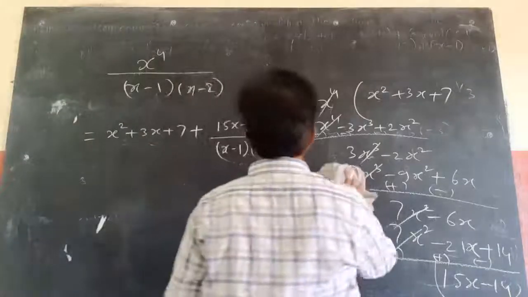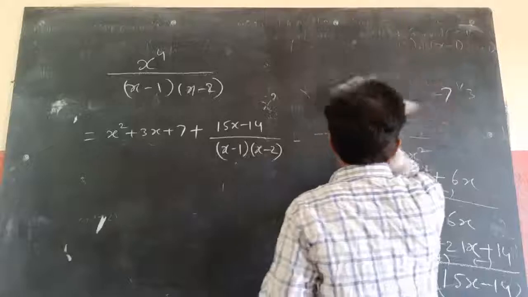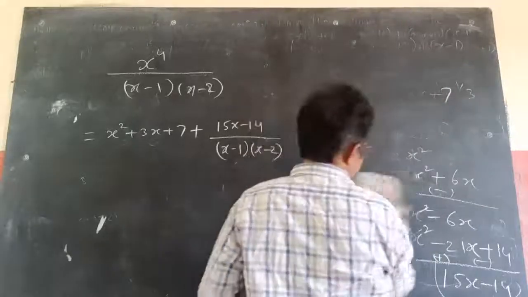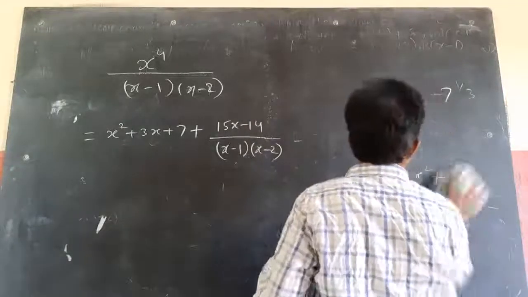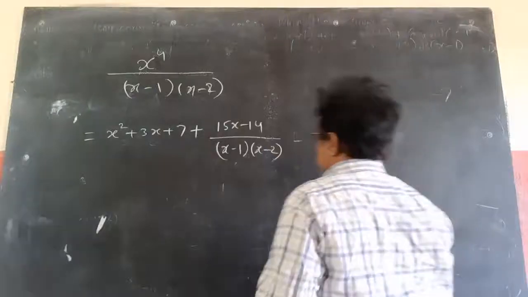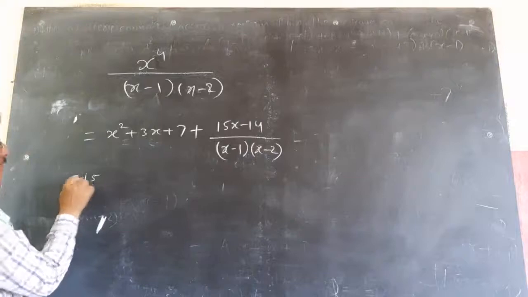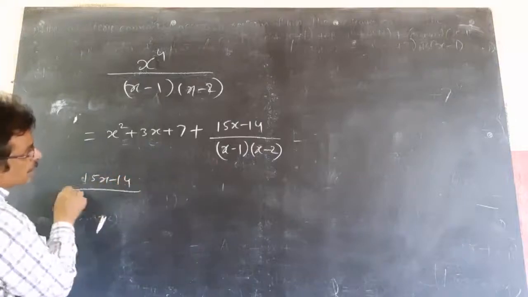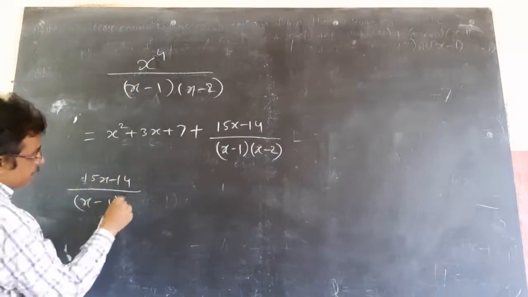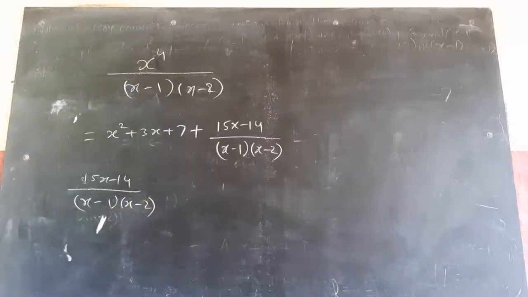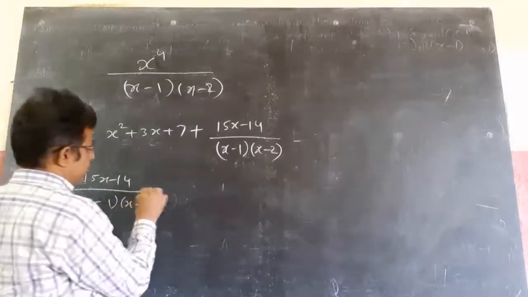So I am doing 15x minus 14 by x minus 1 into x minus 2. This is a non-repeated linear fraction.